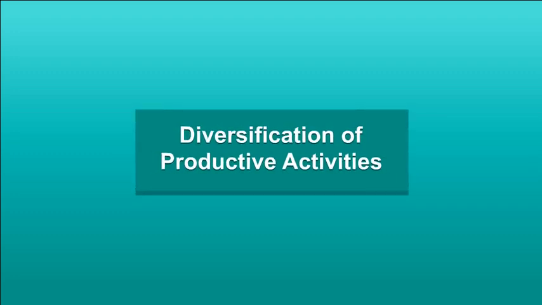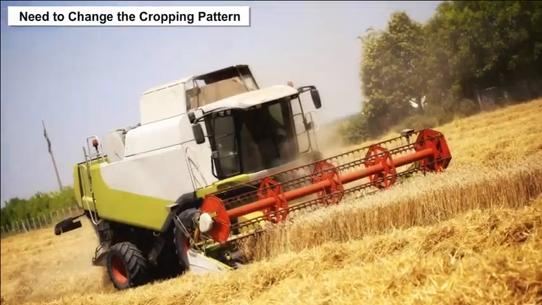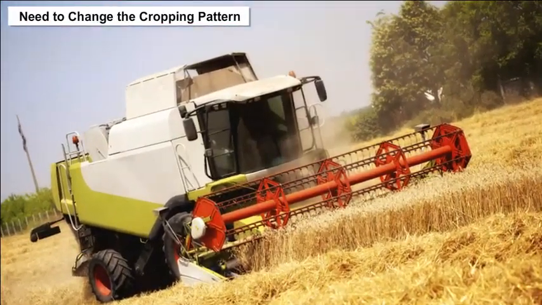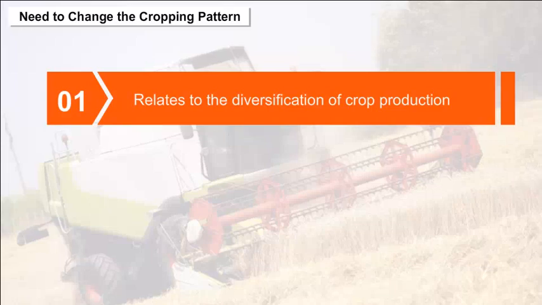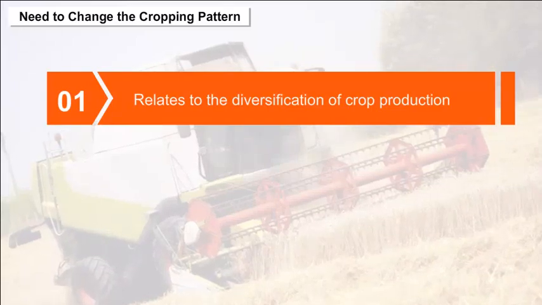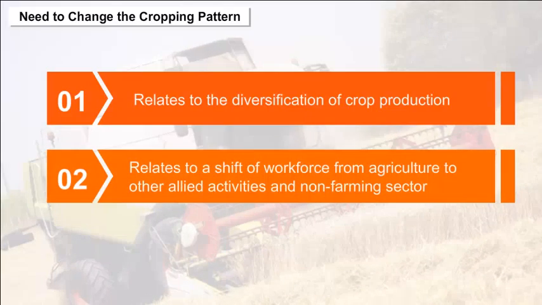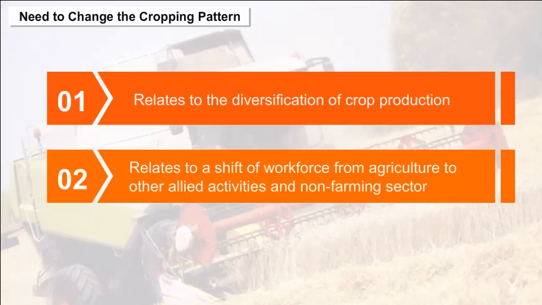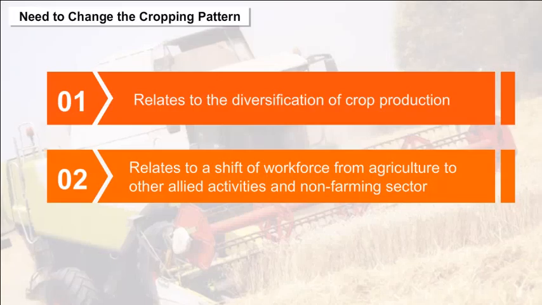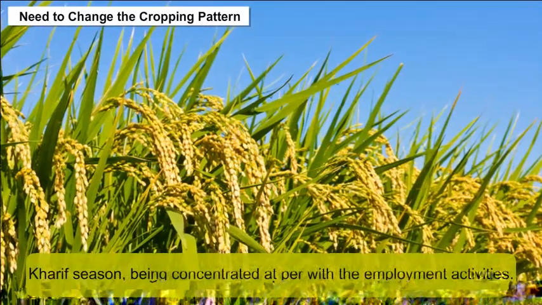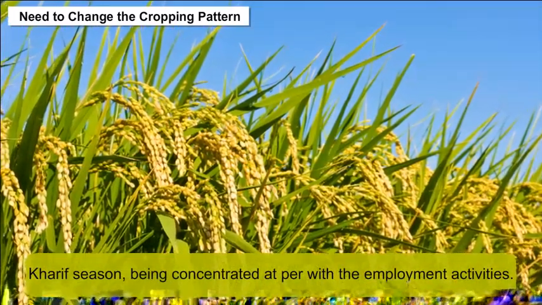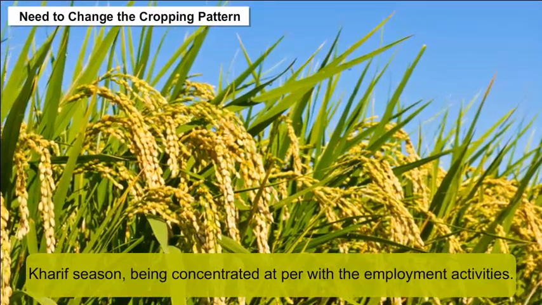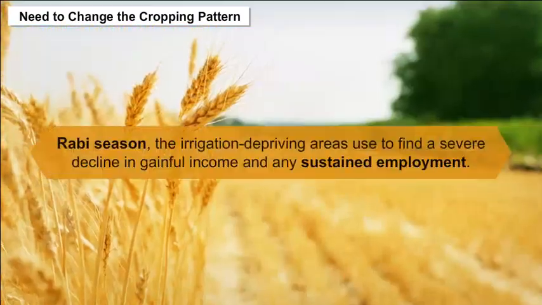Diversification of productive activities. The diversification in this regard includes two aspects. First, it relates to the diversification of crop production, and the second relates to a shift of workforce from agriculture to other allied activities and the non-farming sector, excluding the Kharif season, with employment activities concentrated in the Rabi season.